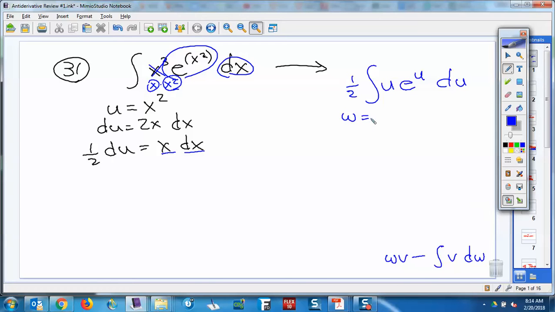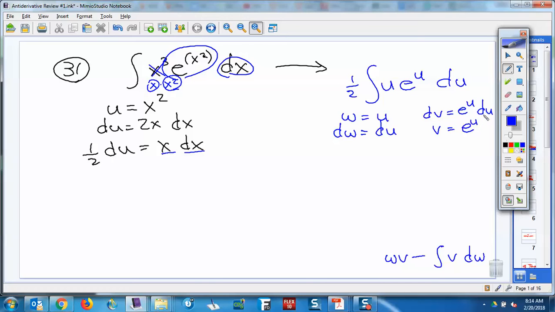Now we've got LIATE, so we've got an algebra and an exponential. Well, algebra would come before exponential, so we'll let W equal u, and we'll let the dv be the rest, which would be the e to the u du. Okay, dw would be du, and here the v would be what?